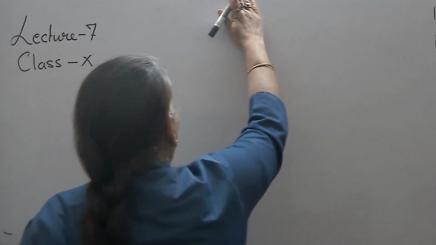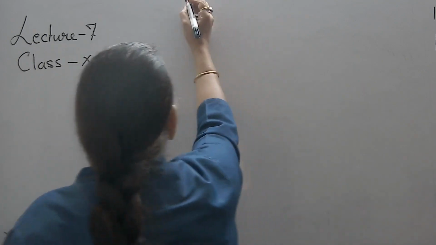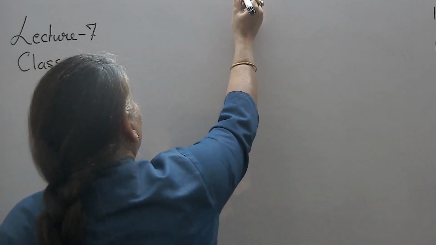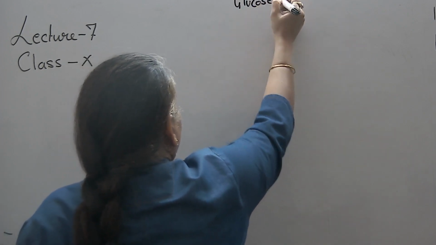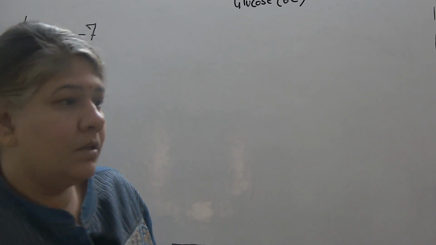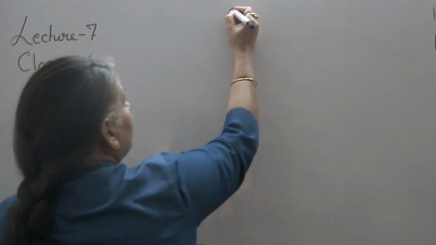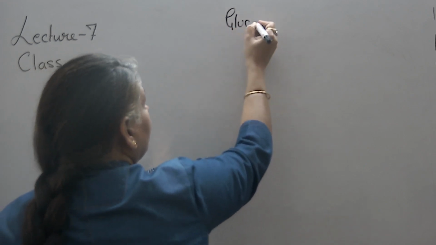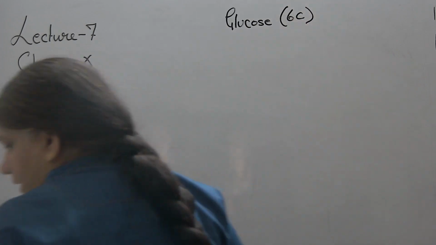So first we'll write down this common step. Glucose, C6H12O6, is a 6-carbon compound.